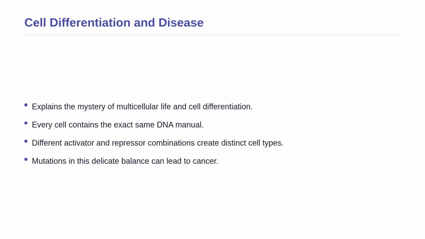The only reason they look and act differently is because different sets of activators and repressors are present in each cell type. They turn on different combinations of genes. If this delicate balance breaks down, for example, if a mutation causes an activator to constantly bind to a growth gene, the cell might divide uncontrollably, leading to severe diseases like cancer.